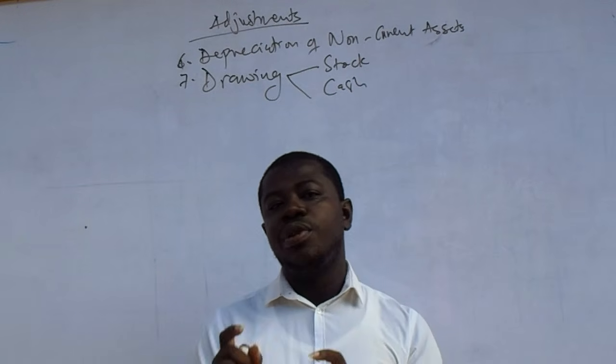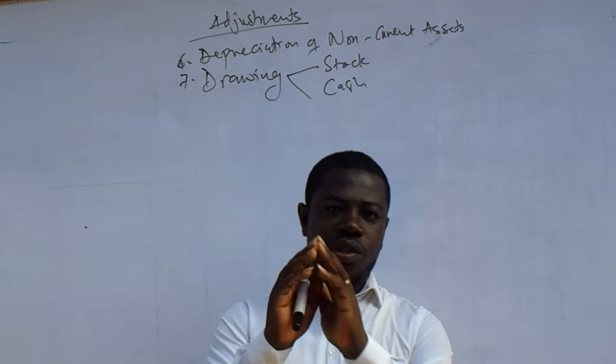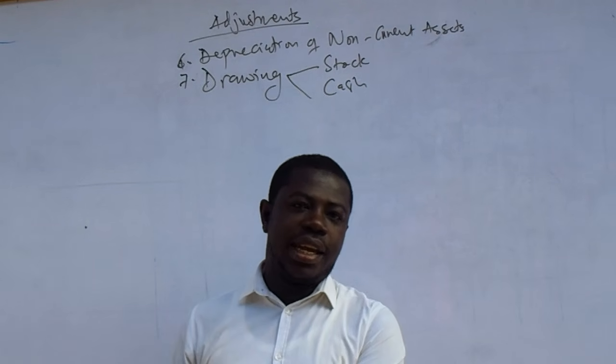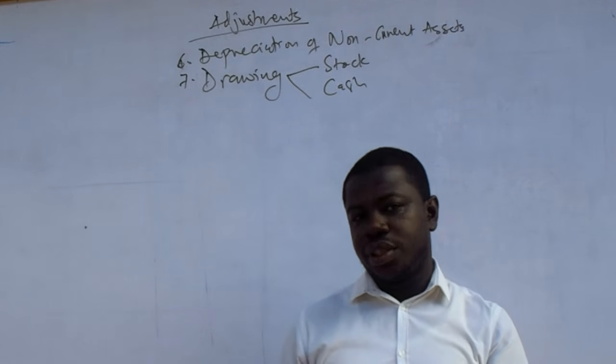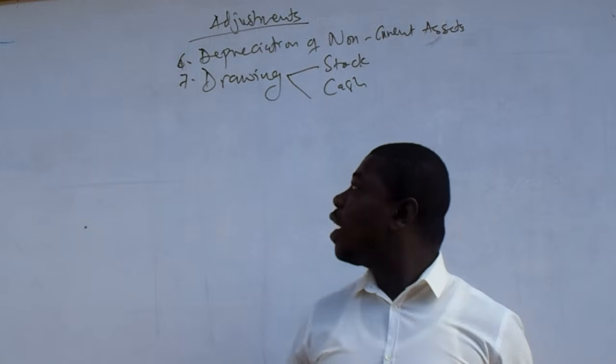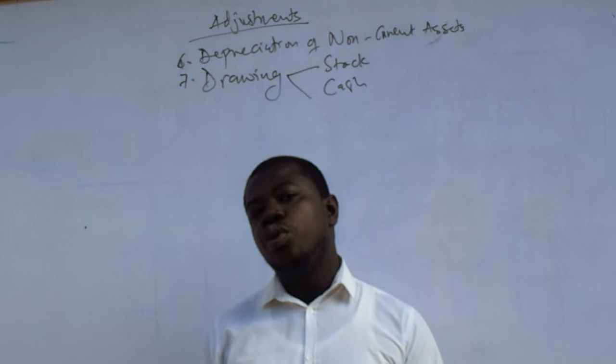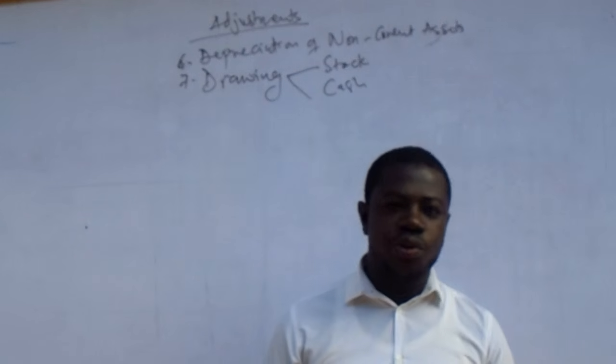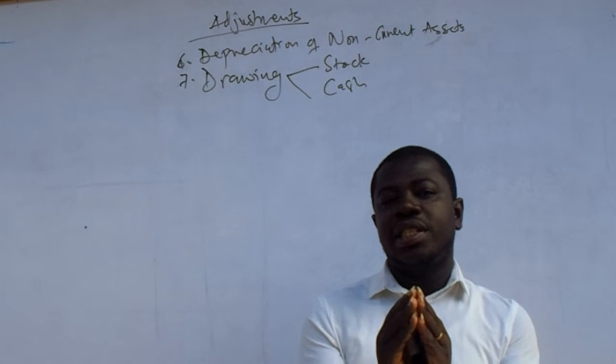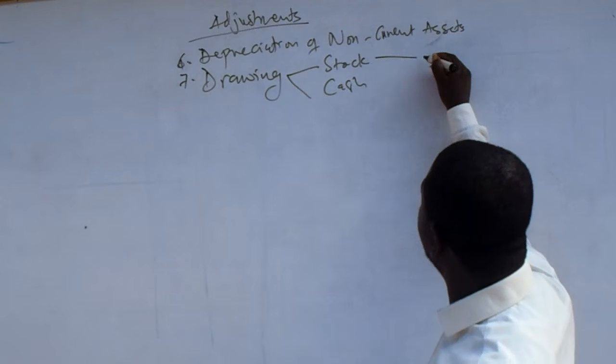But in this case, we are going to take it out from the purchases, because purchases is the representation of the stock account. So when the owner has taken goods for personal use, we are going to reduce. The first treatment is that it's going to be taken from purchases.